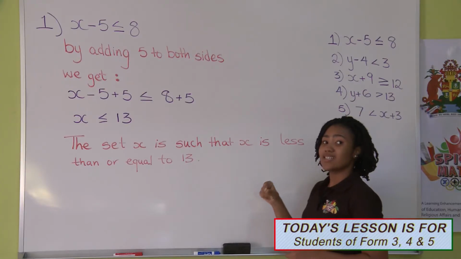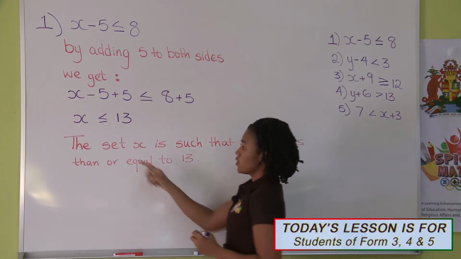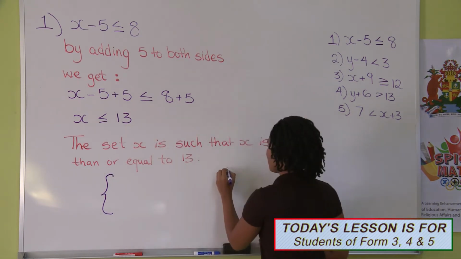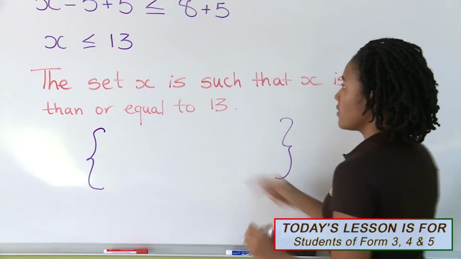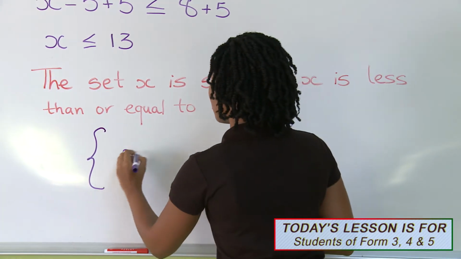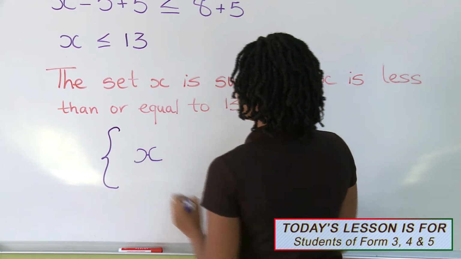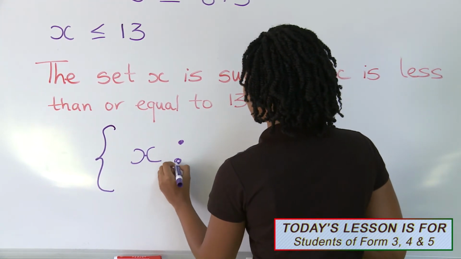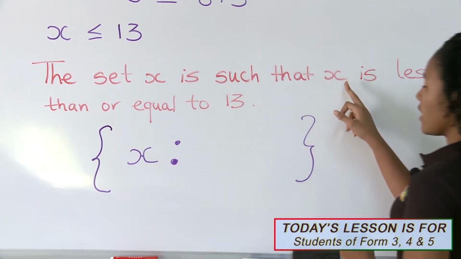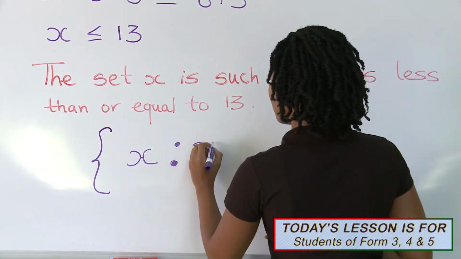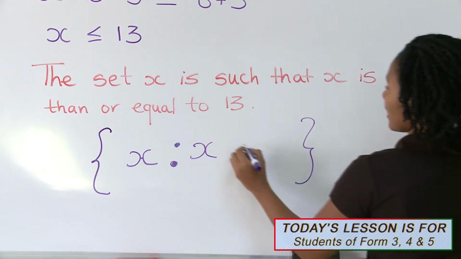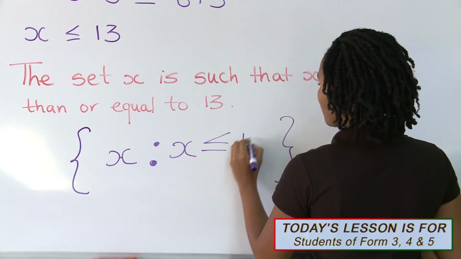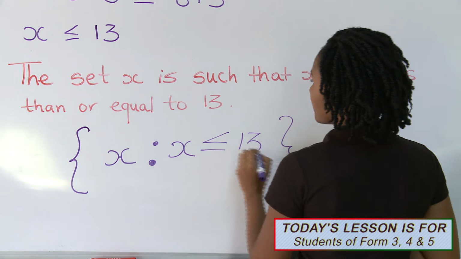Let's represent this in symbol. So we have the set x is such that, and that's represented by a colon, x is less than or equal to 13.